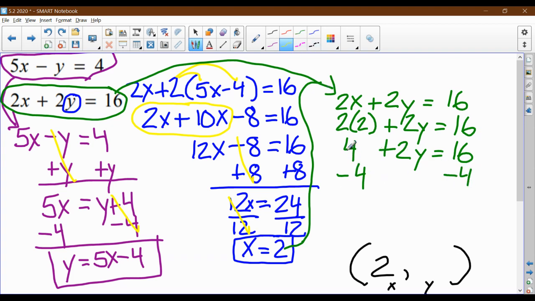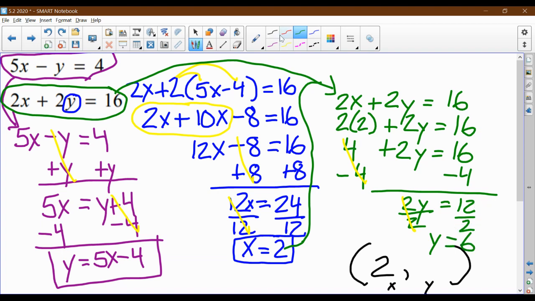That crosses out my 4's. I'm left with 2y equaling 16 take away 4, which is 12. We divide by 2. And there we go. y is equal to 12 divided by 2, which is 6. So it appears my y coordinate is 6.